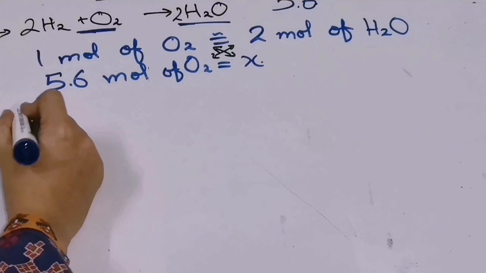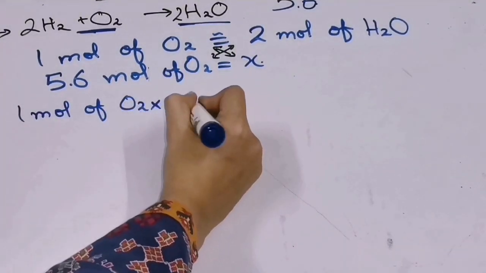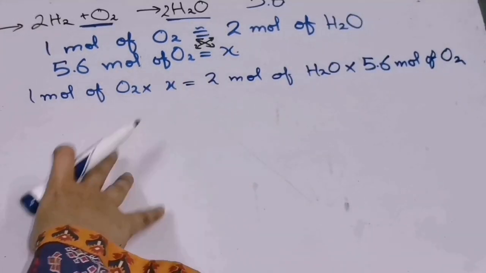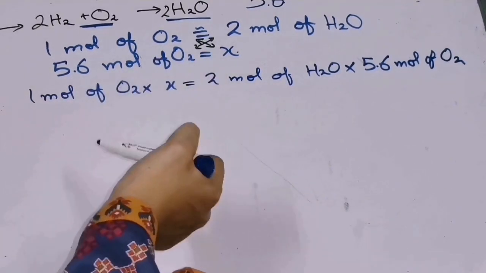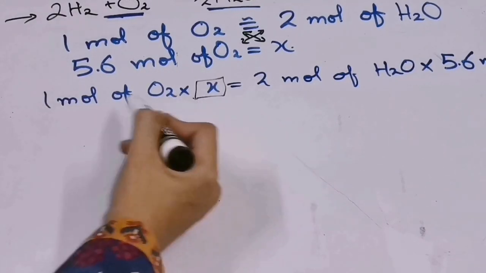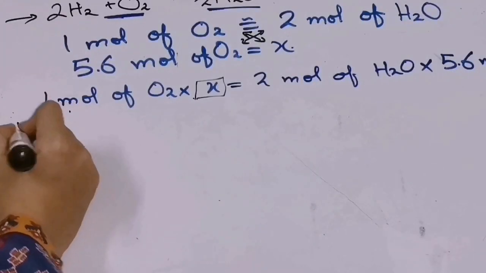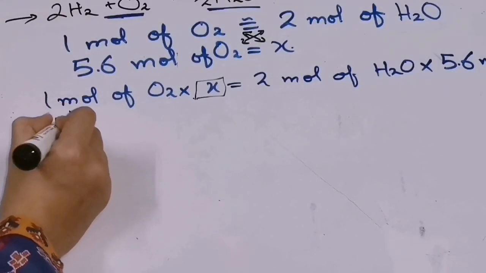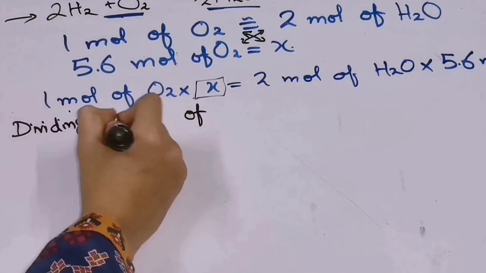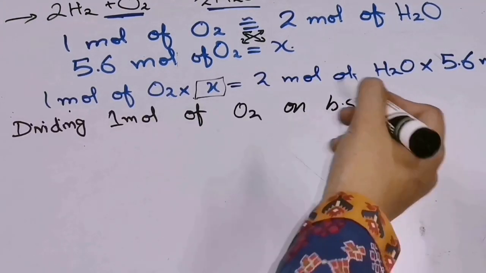So we will write over here 1 mole of O2 multiplied by X equal to 2 mole of H2O multiplied by 5.6 mole of O2. We have done the cross multiplication. So now what will happen? X will stay in its place and we will divide by 1 mole of O2 on both sides. So we will write in a statement: dividing 1 mole of O2 on both sides.